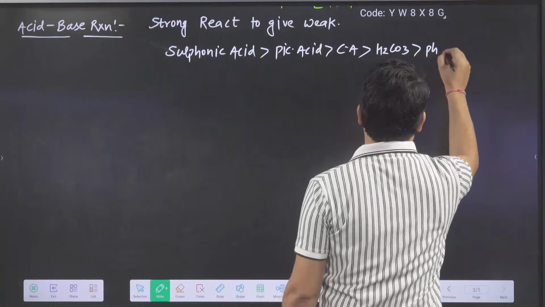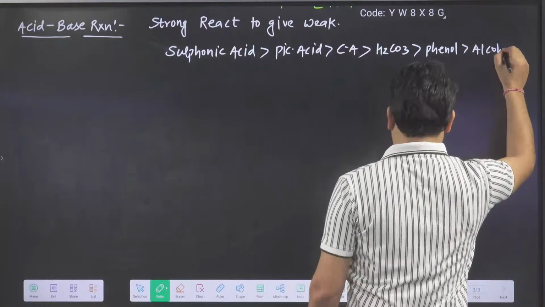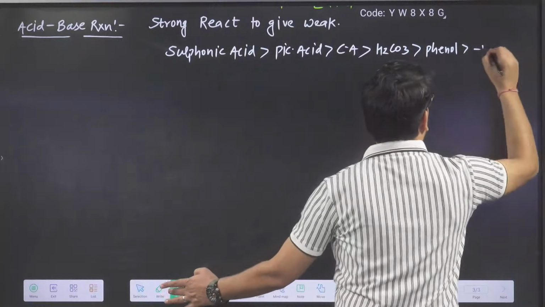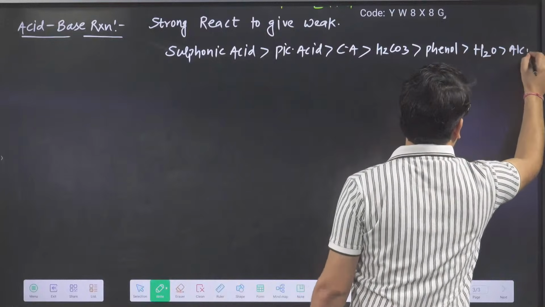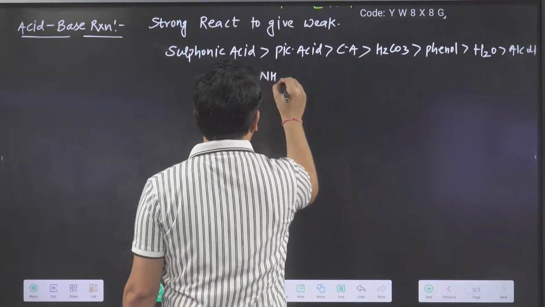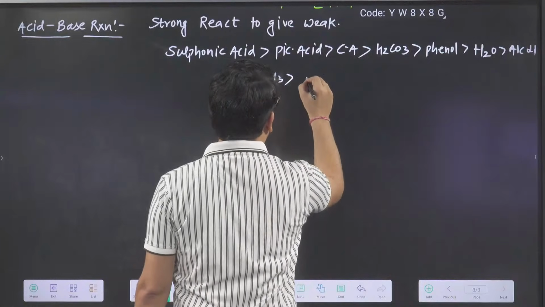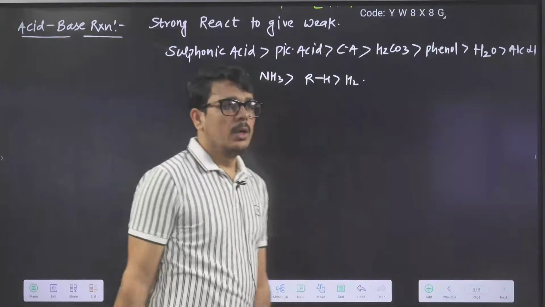Then you found here phenol, alcohol. Yeah, before that water is also there. Before that water is also. Alcohol. Then you found here ammonia. And then last you found alkane, or even I can say H2.